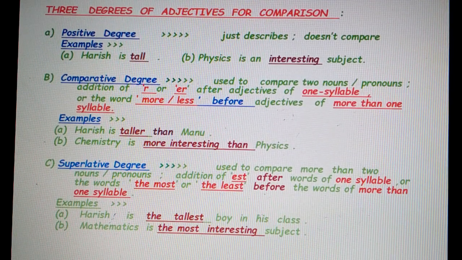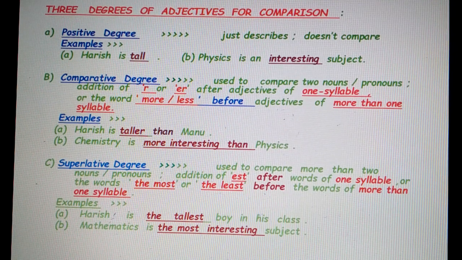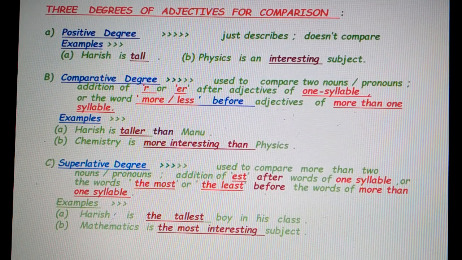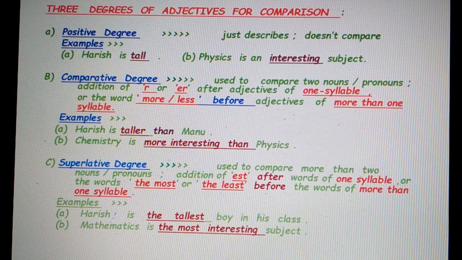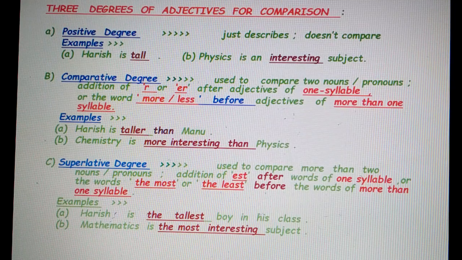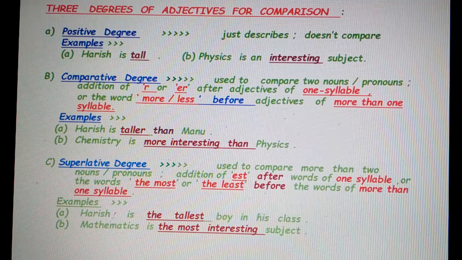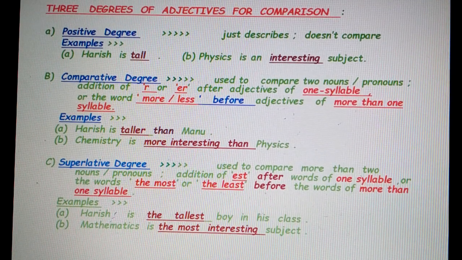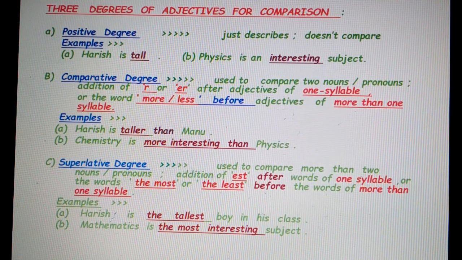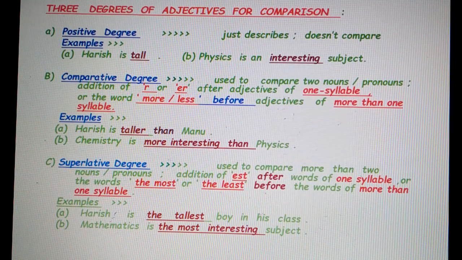For example, we have here, Harish is the tallest boy in his class. Mathematics is the most interesting subject. A new word, the, has been included. And what is the place of inclusion? The word the is to be placed just before the superlative degree of adjective. So tallest, the tallest. Most interesting, we have to write the most interesting.